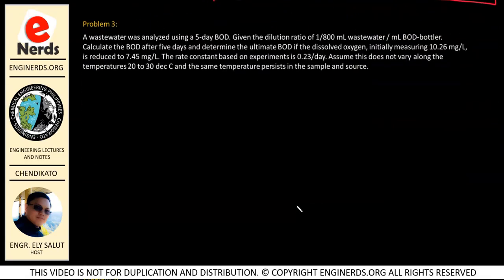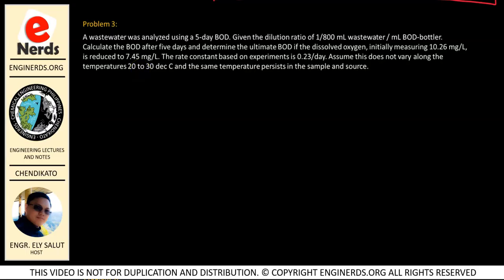Now, let's go to problem number 3. Okay, a wastewater was analyzed using 5-day BOD. So, meron tayong BOD5 dito. Given the dilution ratio of 1/800 milliliter wastewater per milliliter of BOD bottle, no? So, sulat natin para hindi tayo malito.